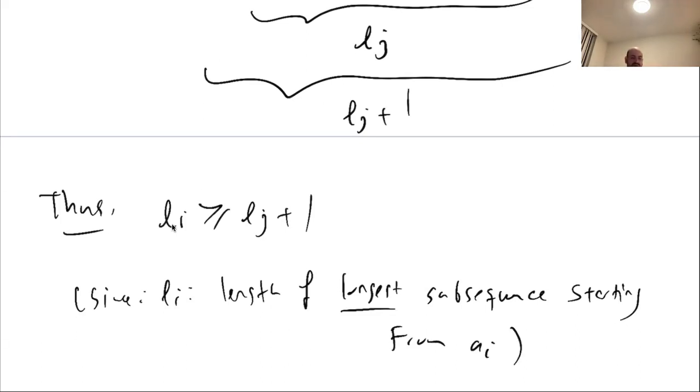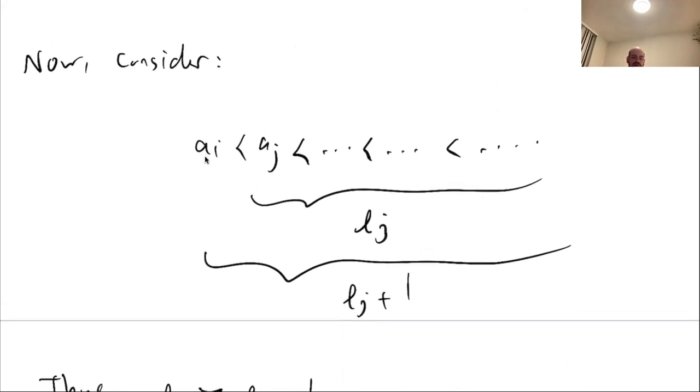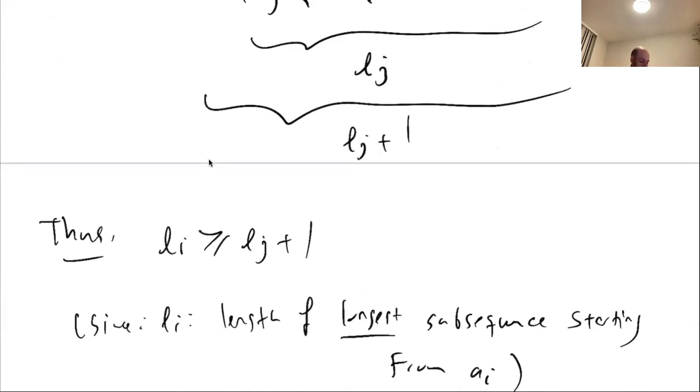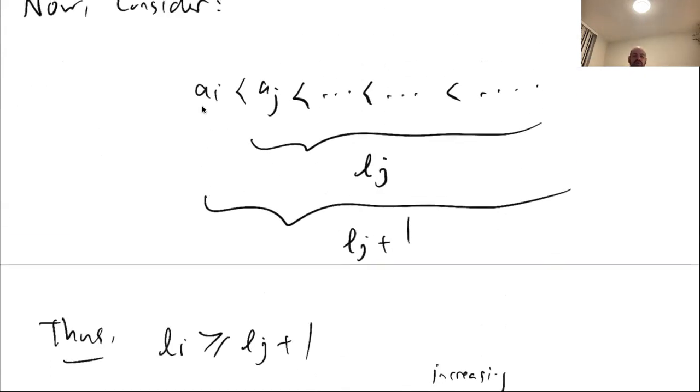This is supposed to be the length of the longest increasing subsequence starting from ai. But I already found one increasing subsequence starting from ai, this sequence here.